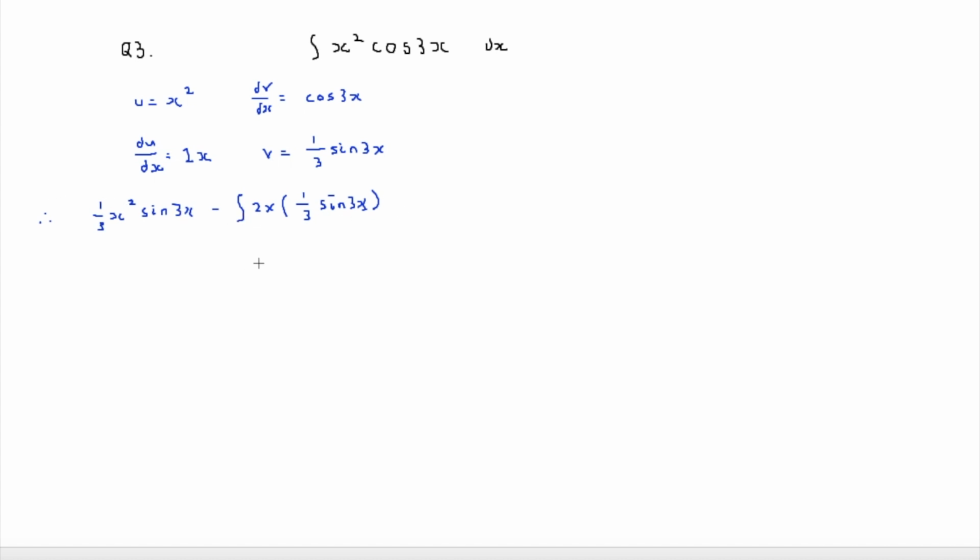So now for the second thing, I'll change colour to show that this is our second integration by parts. So we have 2x times a third sine 3x. This time we have u is equal to 2x, and dv over dx is equal to a third sine 3x.